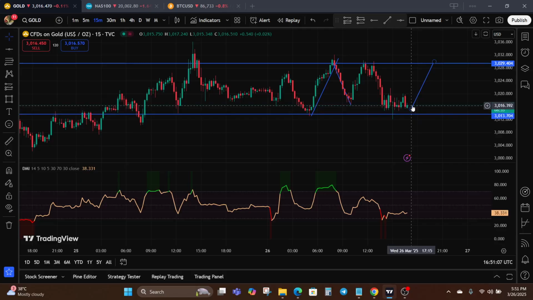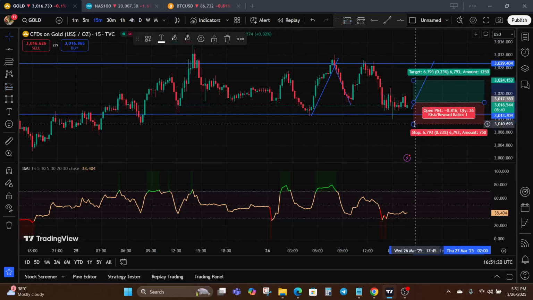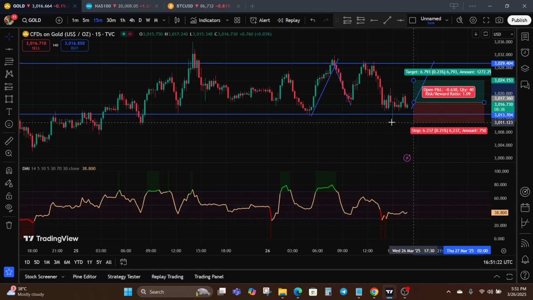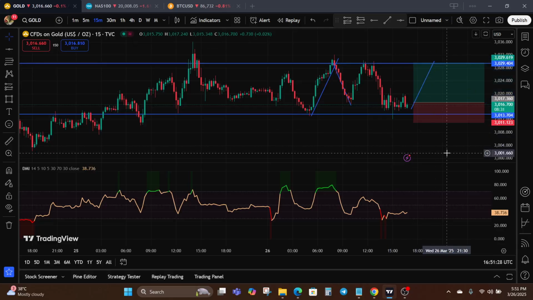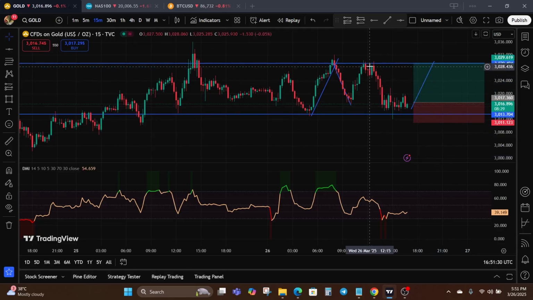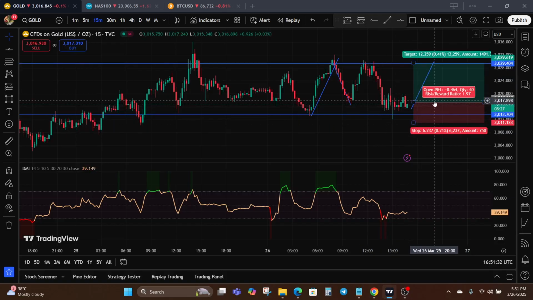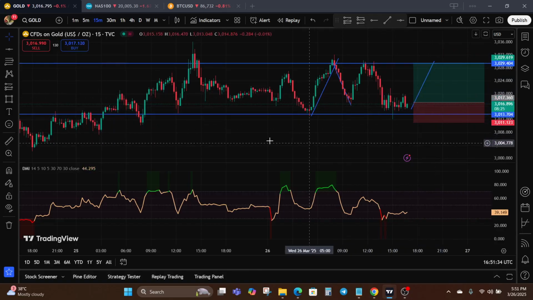By using the DMI in this way, traders can avoid premature entries and focus on stronger signals. After getting your bullish confirmation, you can set your stop loss below the swing low, and your take profit can be at the next resistance zone. Just ensure that you have a good risk to reward ratio.